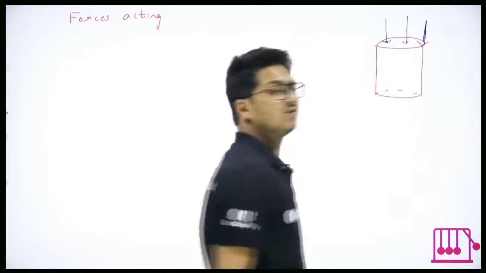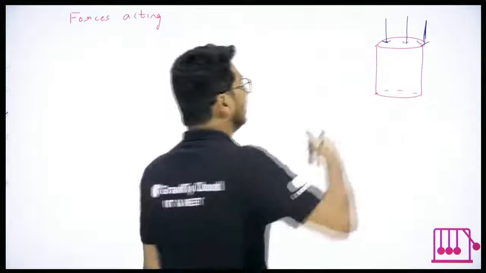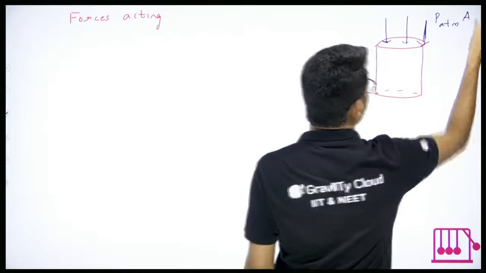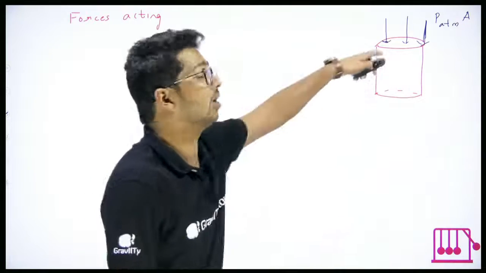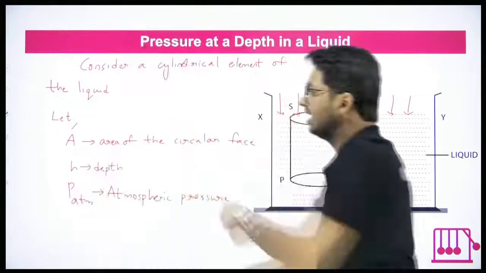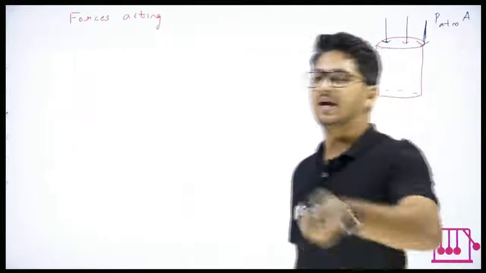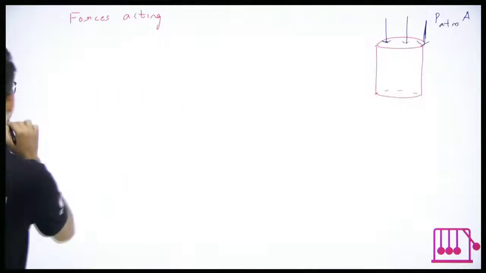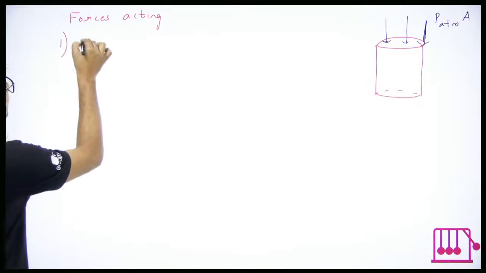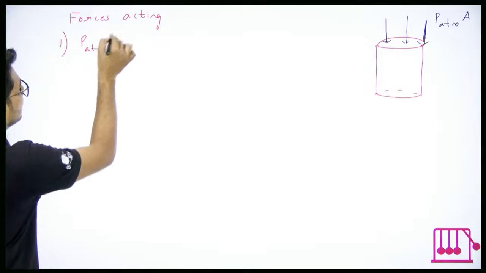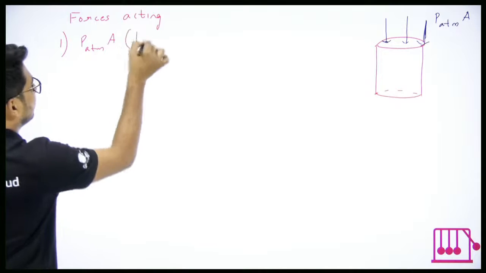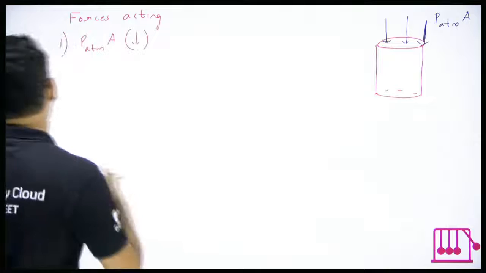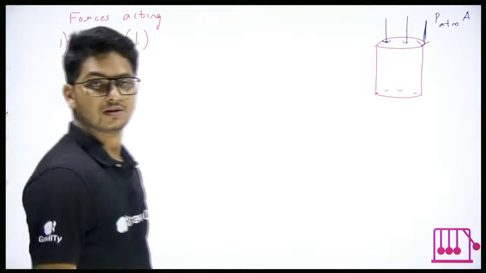How do you get the force? Force is equal to pressure into area. At the top you have atmospheric pressure, so atmospheric pressure into area. We have taken area as capital A. So the first force will be P atm into A, and it is acting downwards. It's a very interesting and a very simple derivation.